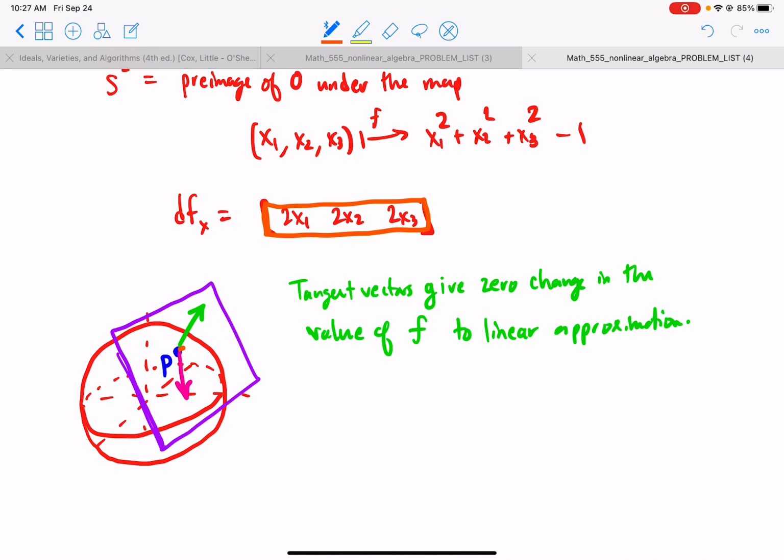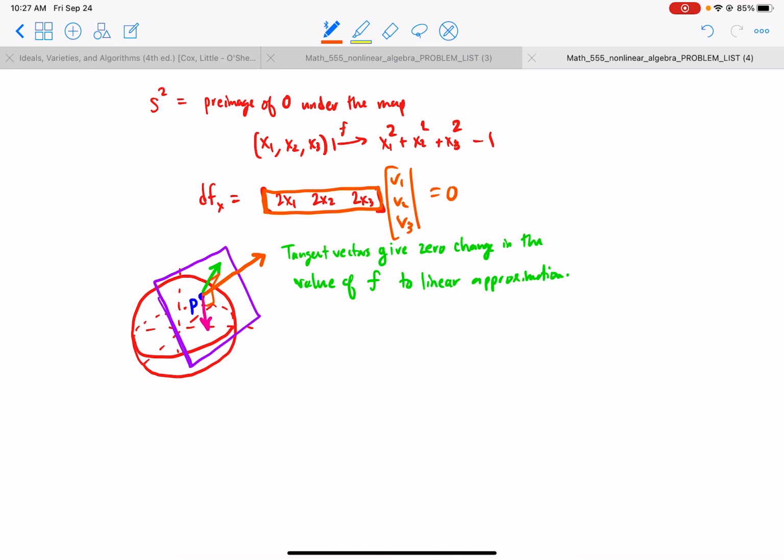This orange vector is the normal vector, and it's 90 degrees to the plane. So it has a 90-degree angle with respect to the green and the pink vectors. That 90-degree angle, the dot product being 0, is what we mean by a tangent vector: its dot product with this gradient should be 0. Okay. So maybe that's another way to think about it.